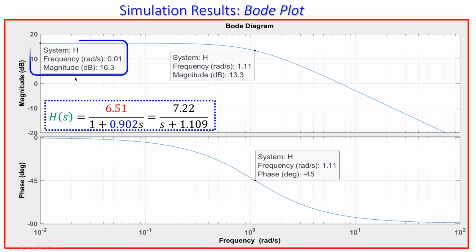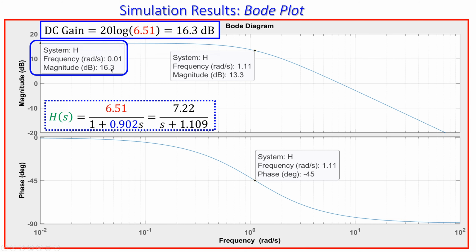Now what you see is that the gain of your system at approximately DC, which is not exactly DC but very close to a very small number, is a magnitude of 16.3 dB, which is the gain at approximately DC. The DC gain can be calculated using this formula, 20 log base 10, and I just fill in this value, which is the KDC, the DC gain of our system. I get 16.3 exactly in dB, and that's also a confirmation from the simulation.